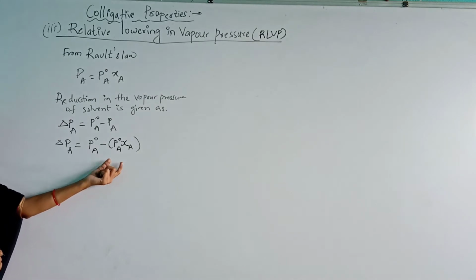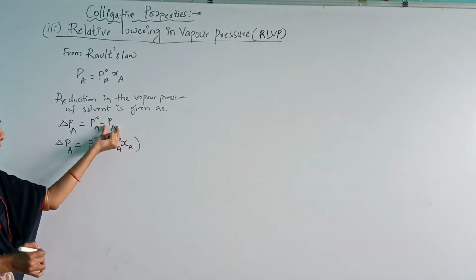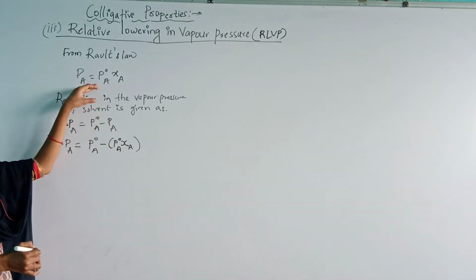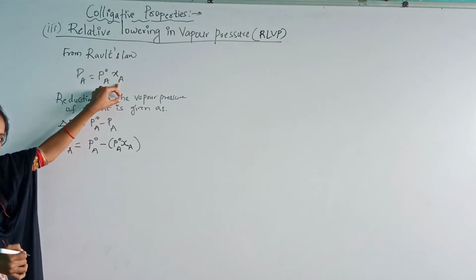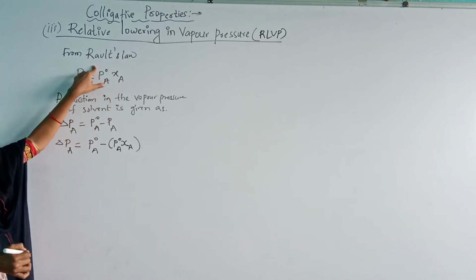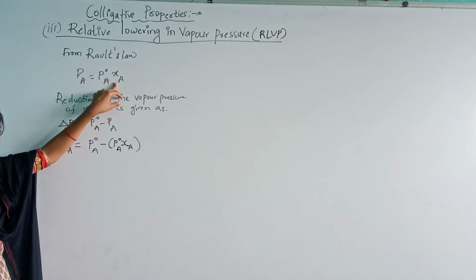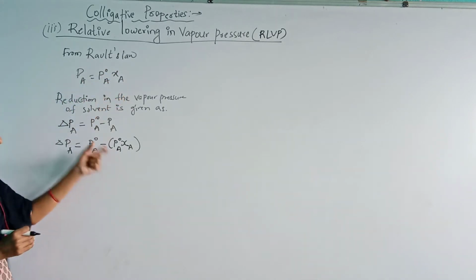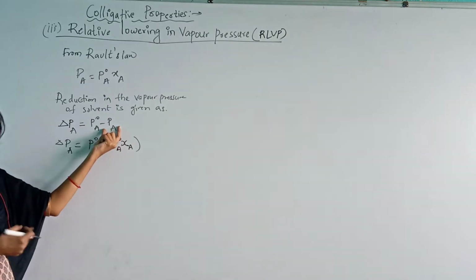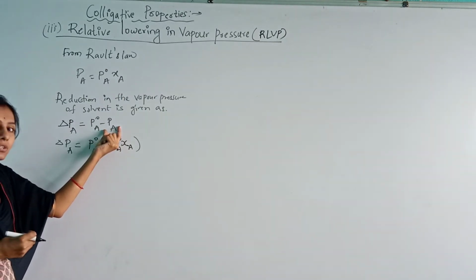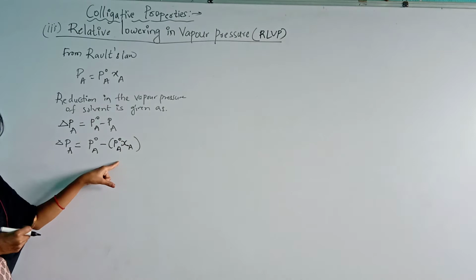Here I am just replacing the term PA with P naught A into XA, which I got from Raoult's law. PB = P naught B into XB is a different matter and I don't want that here.